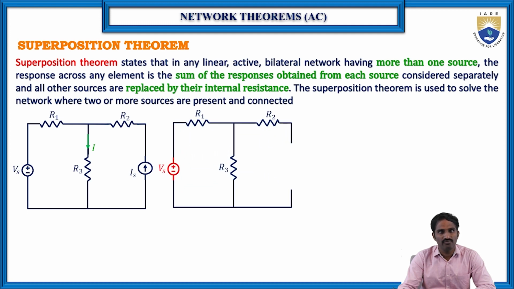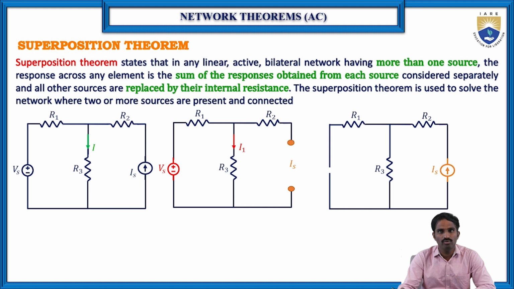Suppose in the first case we are considering only the voltage source Vs alone, then find the current flowing through R3, let us call it I1, and the current source Is is replaced with an open circuit. In the second case, consider the current source Is alone and replace Vs with a short circuit. Then find the current flowing through R3 again, let us call it I2. Then the total current flowing through R3 in the main circuit is I, which is equal to I1 plus I2. This is about the superposition theorem.